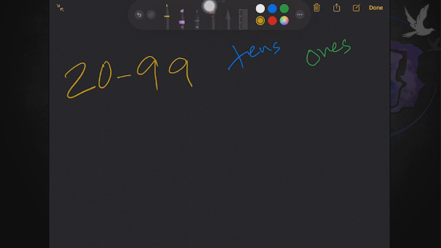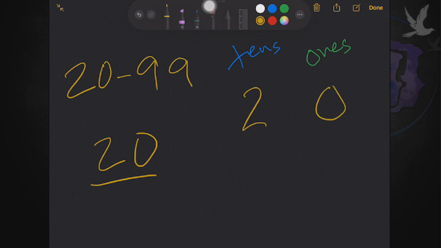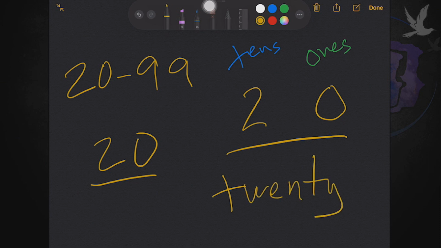In this case, it will be a lot easier. For example, 20 is written where 2 belongs to the tens place and 0 belongs to the ones place. And this is read as just 20 alone.